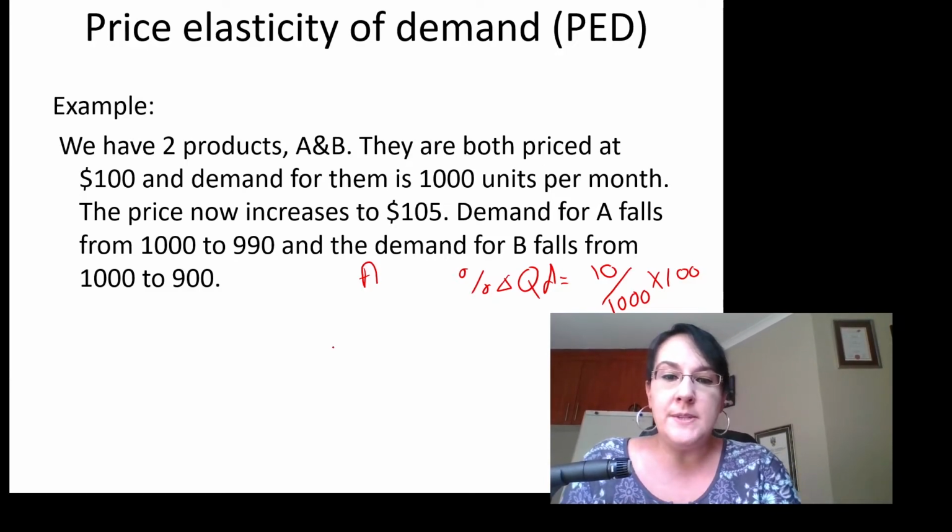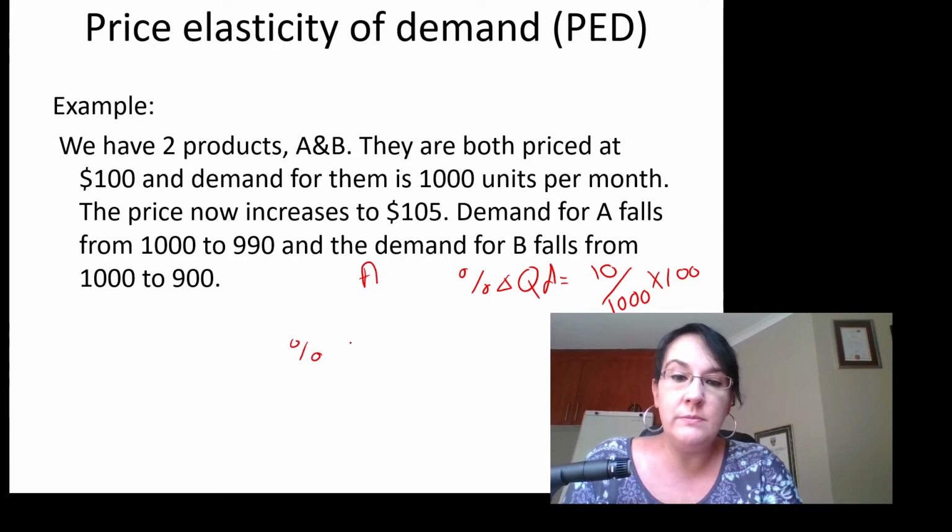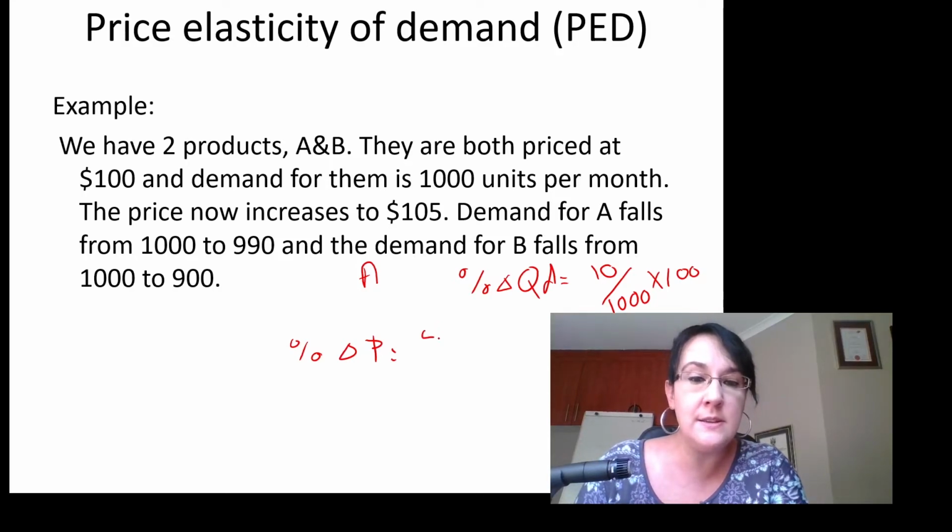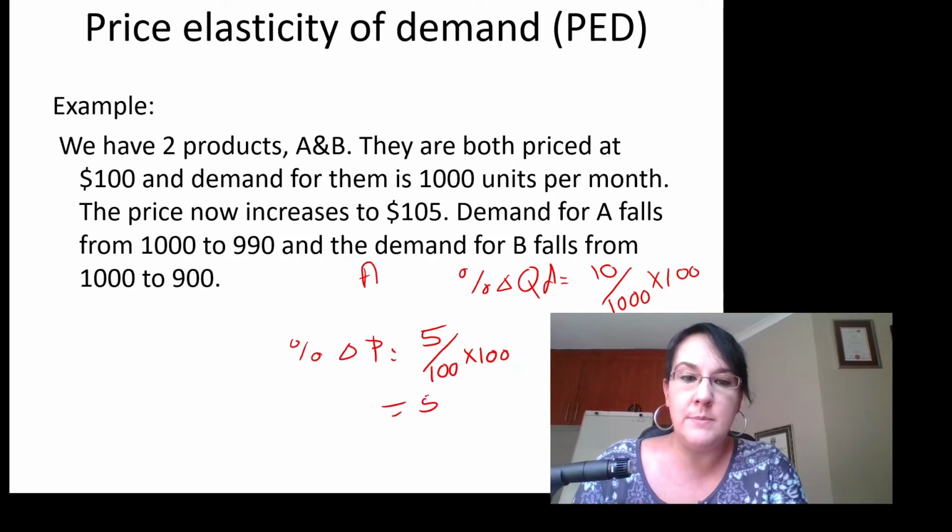And then the percentage change in the price, step 2 or part 2: I have my price going from 100 to 105. So the difference between 105 and 100 is 5, and the original price was 100, times 100, and then I get 5%.